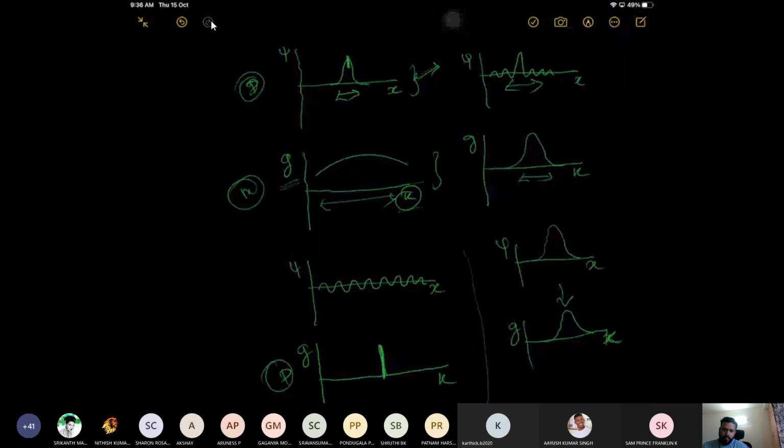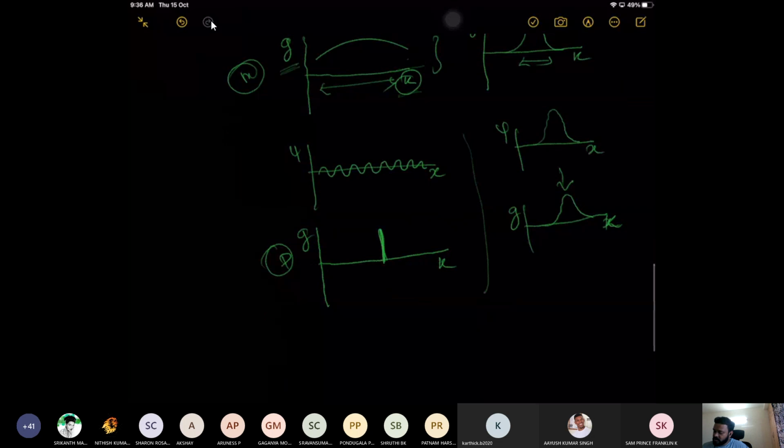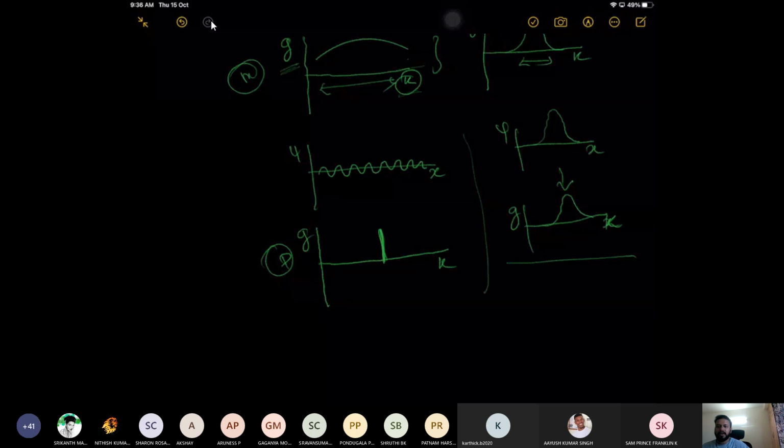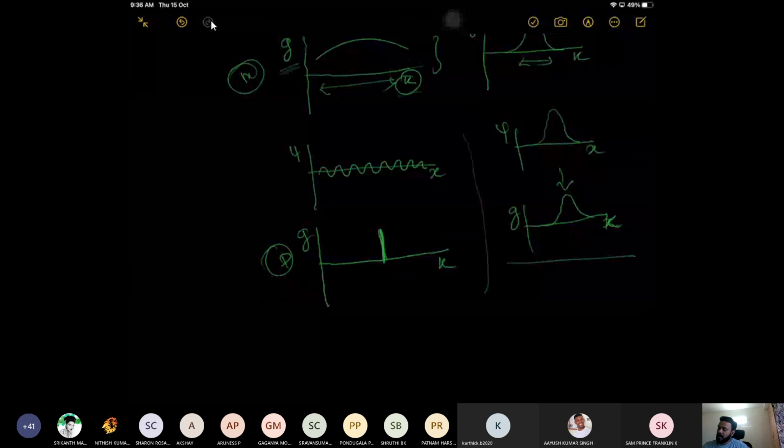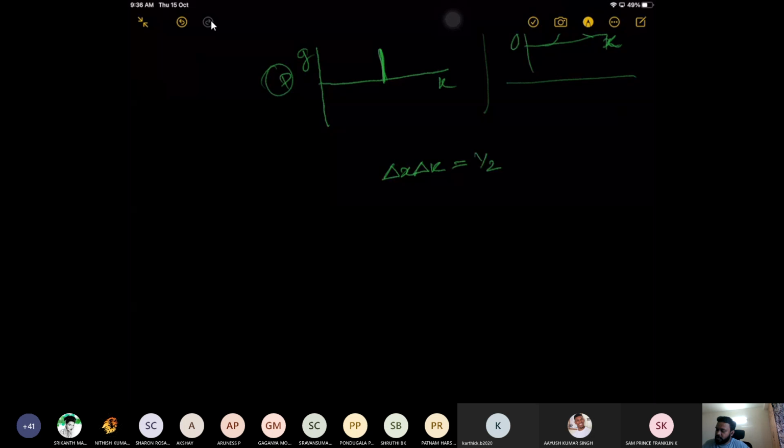This is how our uncertainty in the position and the momentum can be defined, and this mathematical approach also proves that. But the reason for talking about this is to find the least standard deviation in terms of uncertainty that we can have for the Gaussian functions. This is related as delta x, the uncertainty in the position, and delta k, the uncertainty in the wave number, which for the Gaussian function should be equal to half.